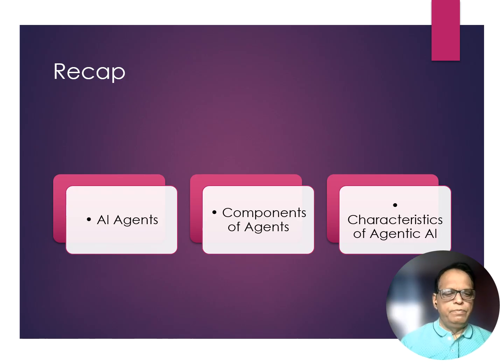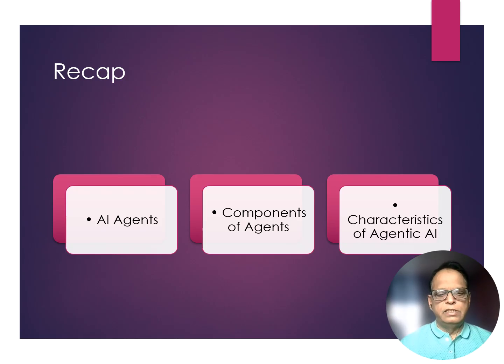Agentic AI, as we know, in our earlier sessions we have discussed various concepts related to agentic AI, such as what is an AI agent. We have seen the different components of the agents, and also the characteristics of agentic AI.